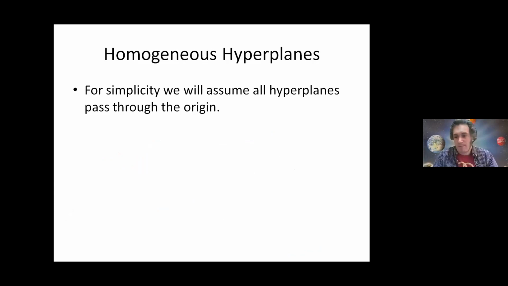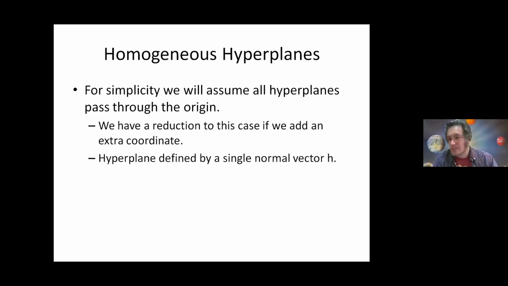Now, to simplify things a little bit, I'm going to assume throughout this talk that all of the hyperplanes we have are homogeneous. They pass through the origin. And if I'm willing to increase the dimension of my problem by 1, this is actually without loss of generality, because I can just add 1 extra coordinate where all my points have 1 in that coordinate, and that can give me the constants.